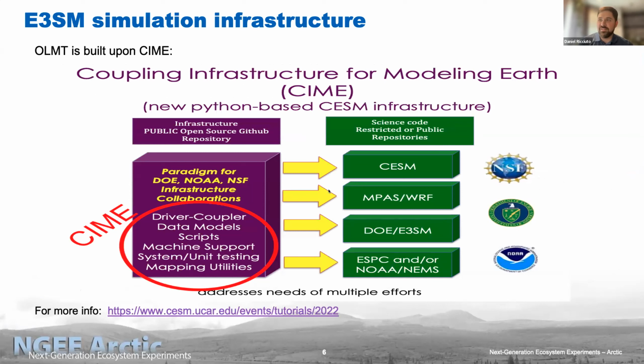So the scripting, some of the code involved with the data models and the coupler, machine support, so specific configurations for running on different supported machines, unit testing, and mapping utilities.